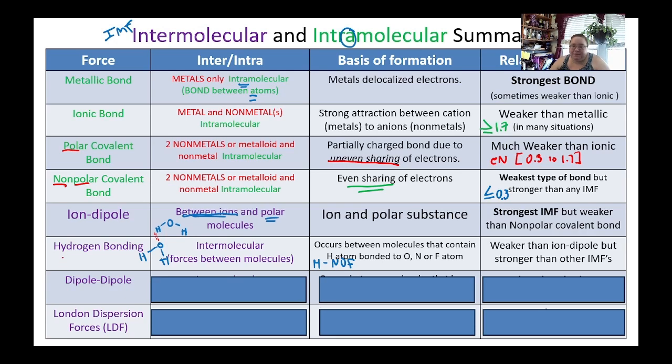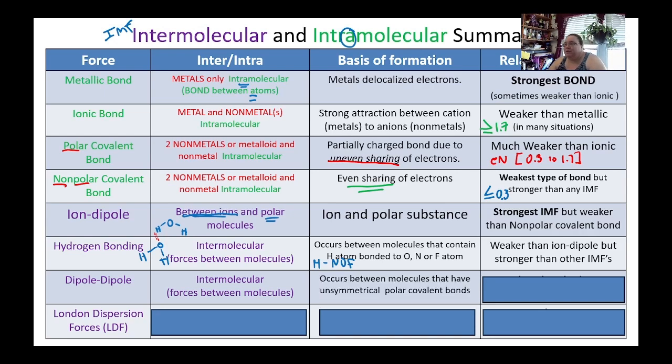So dipole requires polar bonds. If you don't have polar bonds, you cannot have dipole. So it occurs between compounds that have polar bonds. Not only does it require polar bonds, but it also requires the bonds to be unsymmetrical. What this basically means is the bonds don't cancel each other out.